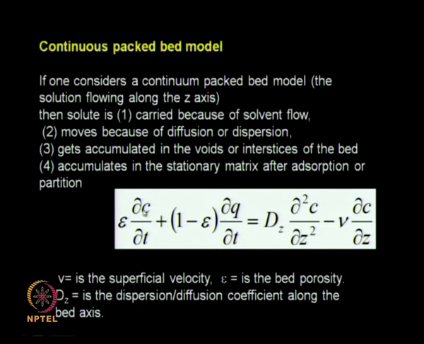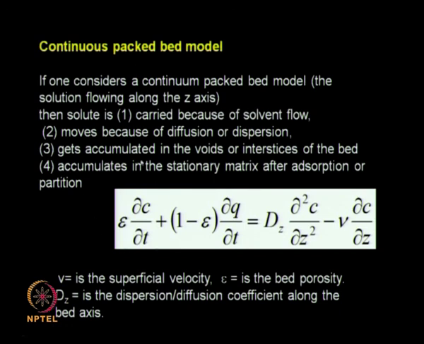C is the concentration of the solute in the mobile phase, epsilon is the voidage, bed porosity, and 1 minus epsilon is the amount of stationary phase, and dq by dt, where q is the concentration of the solute which is bound to the stationary material.